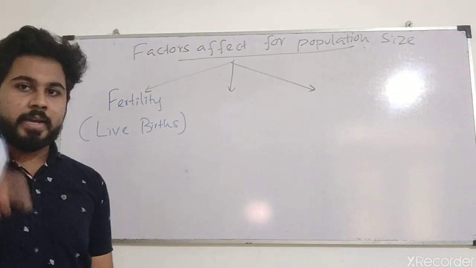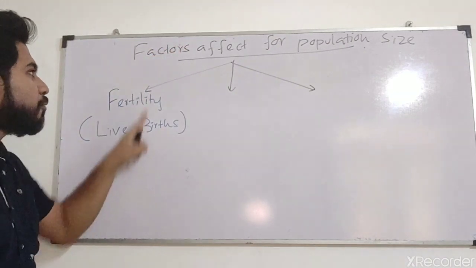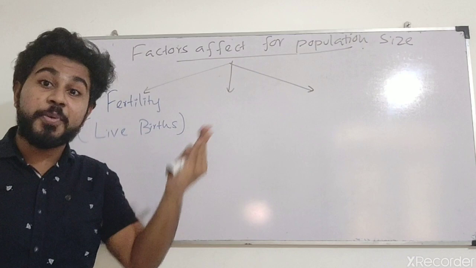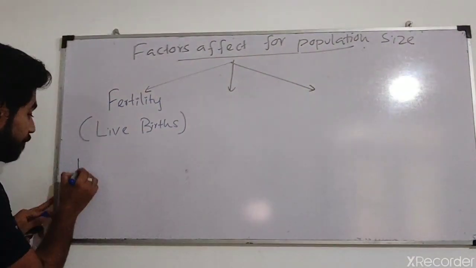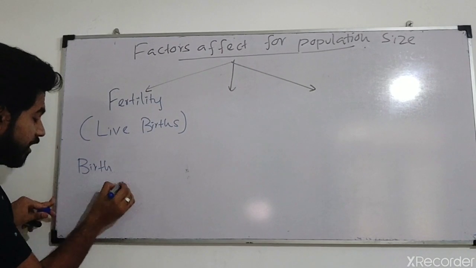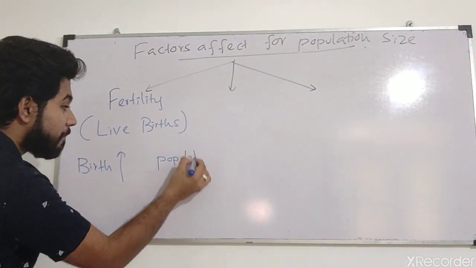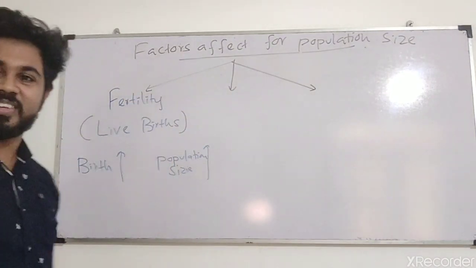Keep in mind. Right, now tell me, what is the impact of fertility or live births on the population size? If the number of live births increases, what will happen to the population in future? Yes, if births increase, population size also will increase. Clear?